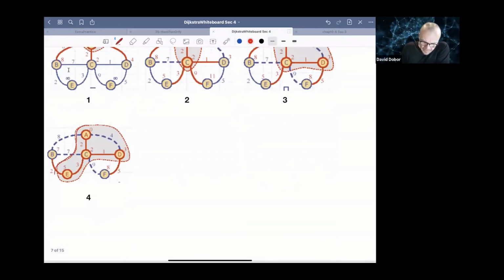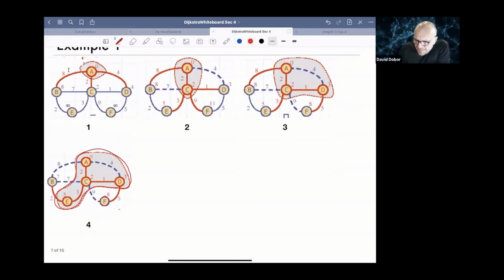So here's E. And now I'm looking outside of S again and updating my estimates to other vertices. Notice, I don't know the best way of getting to F yet. I knew that to B, before I could get at a cost of 8, straight from A. At some point the algorithm considered this path, but one of you asked, am I looking at the combinations of all paths? The answer is no, for this reason.